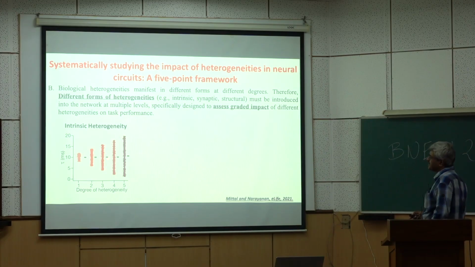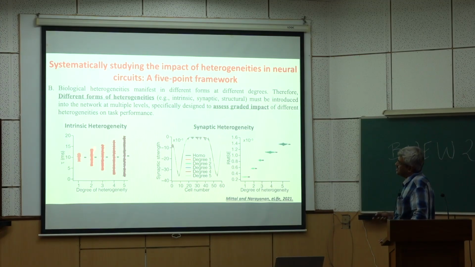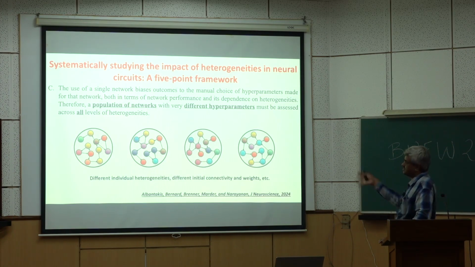So therefore, in this particular scenario, different forms of heterogeneities, intrinsic, synaptic, and other things, must be introduced at different levels, not at only one particular level, because if you just fix it at this, how do you know that it is that as opposed to something else? And therefore, the graded impact has to be assessed progressively rather than just at one particular heterogeneous versus homogeneous.